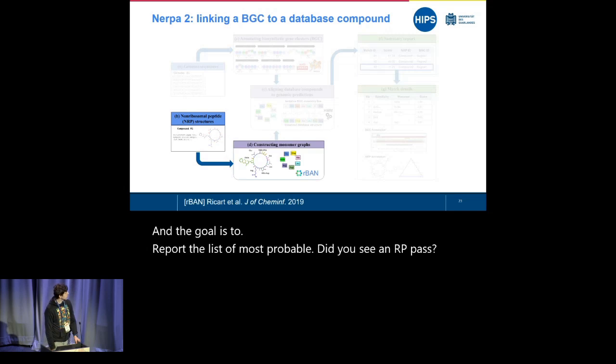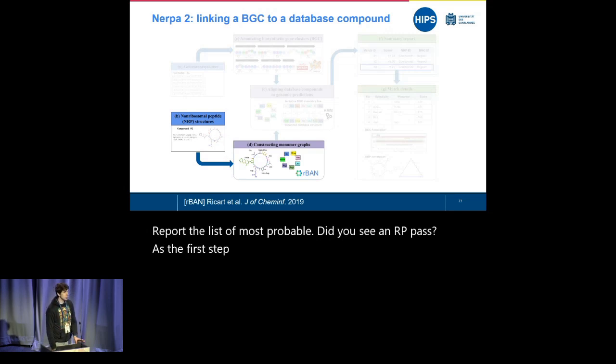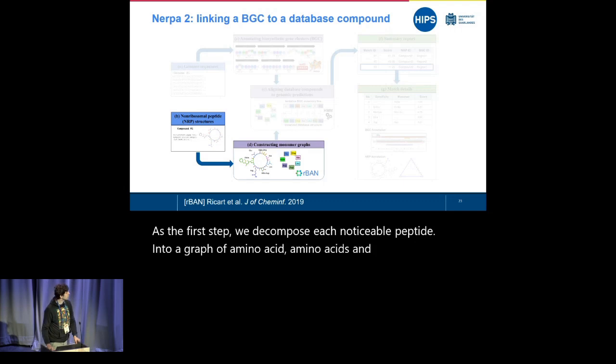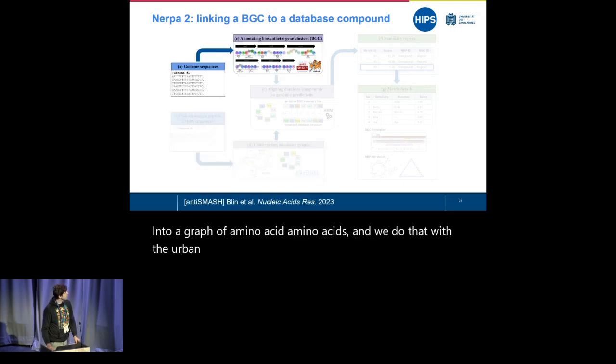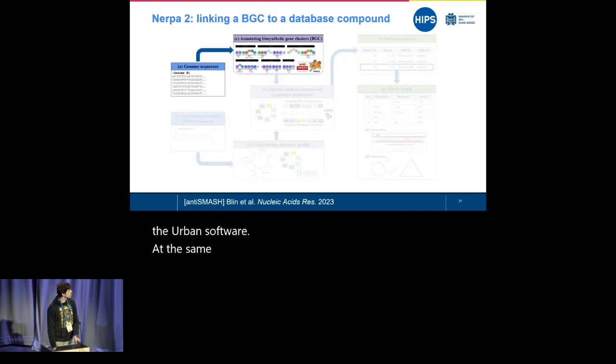At the first step, we decompose each nonribosomal peptide into a graph of amino acids, and we do that with the Rban software. At the same time, we annotate biosynthetic gene clusters with antiSMASH.